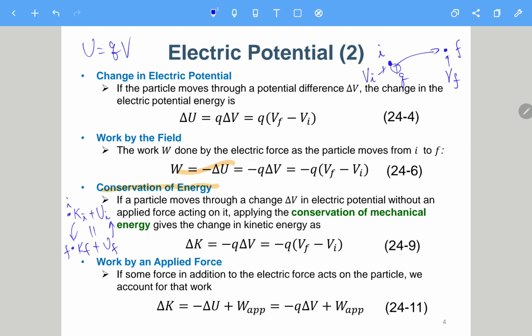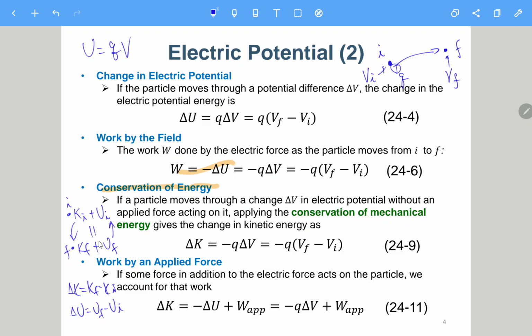So we will have delta K equals Kf minus Ki. This is the kinetic energy change. And also delta U equals Uf minus Ui.